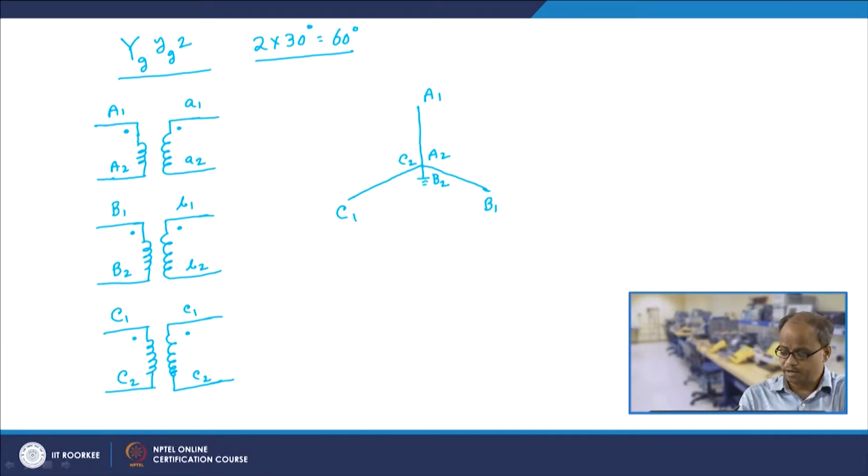So, as before, we are simply connecting the A2, B2 and C2 terminals together at the primary side, and then we are connecting that shorted terminal to ground. So, let us make that connection. Up to this point we are doing it as before.